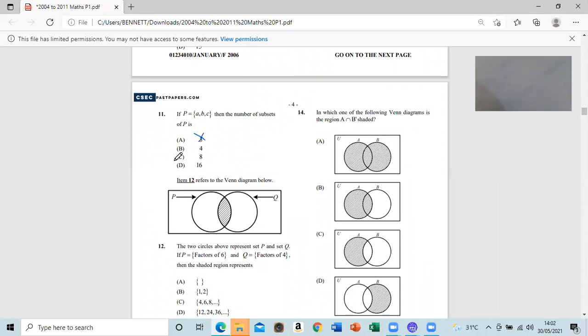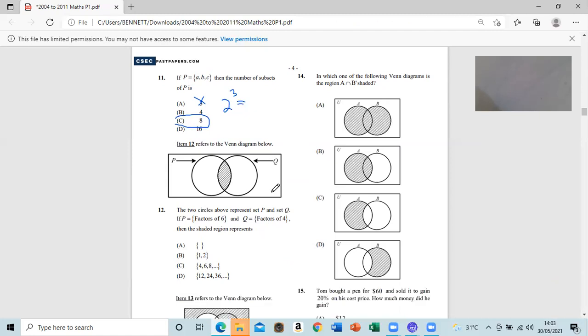B. Guys, can 2 to the 3 be... no. We did that last week or Saturday. 2 to the third: the number of subsets is 2 raised to the number of elements in the set. So if it was 2, that'd be 2 to the 2. And we even write them out: write out set A, write out B, write out AC, ABC, and the empty set. Guys, you have to remember.